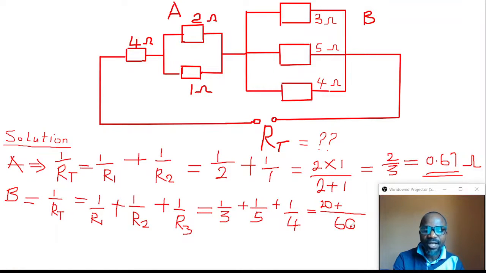Then 3 has gone. Let's look at 5. 60 divided by 5 is going to get 12. And what that means is that 12 multiplied by 1 is going to give us 12 again. So we have 12.